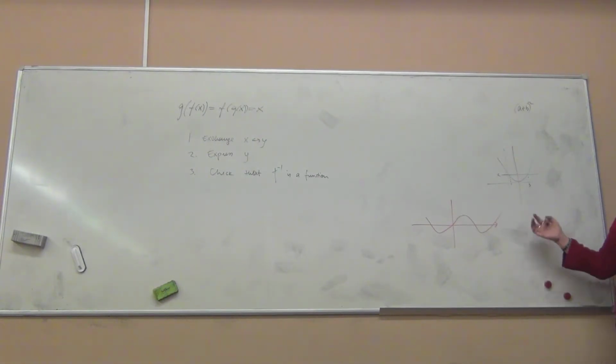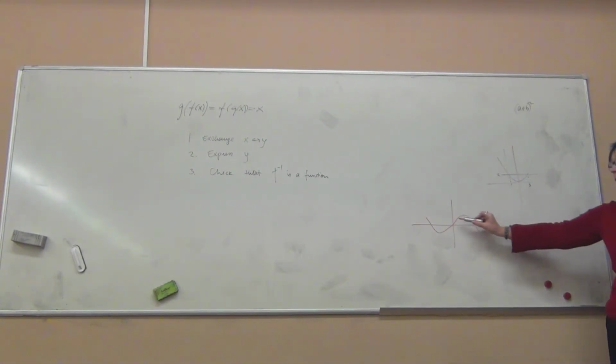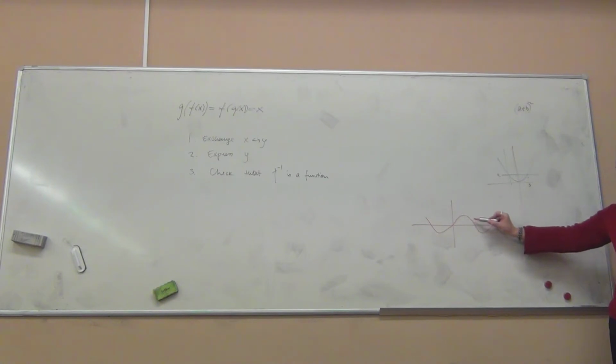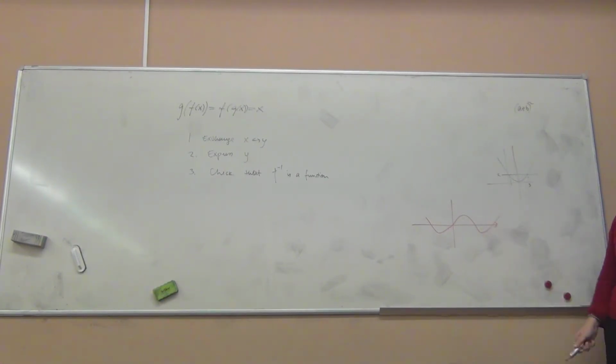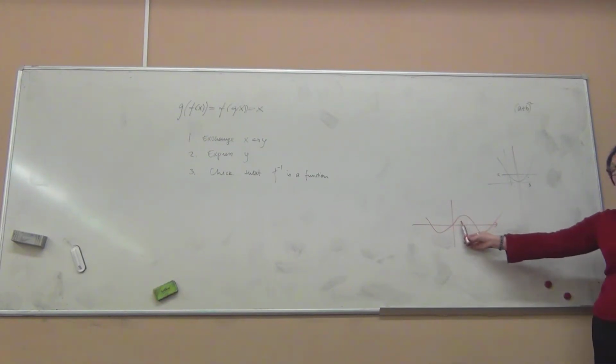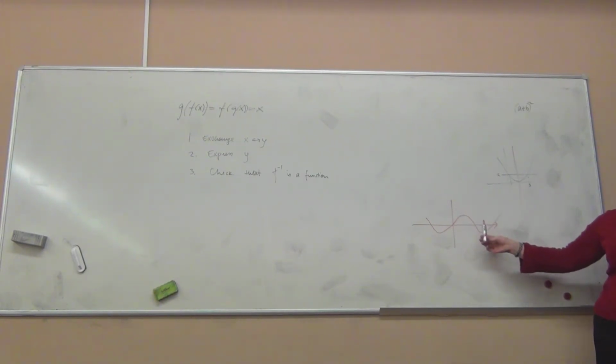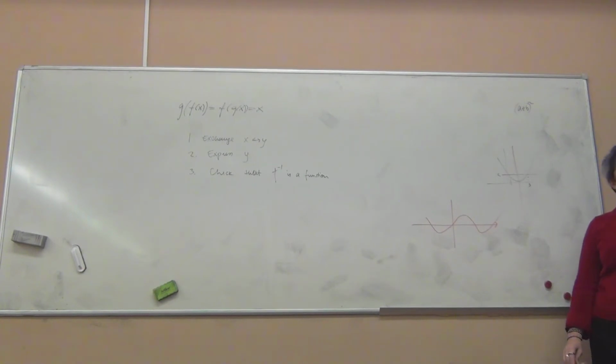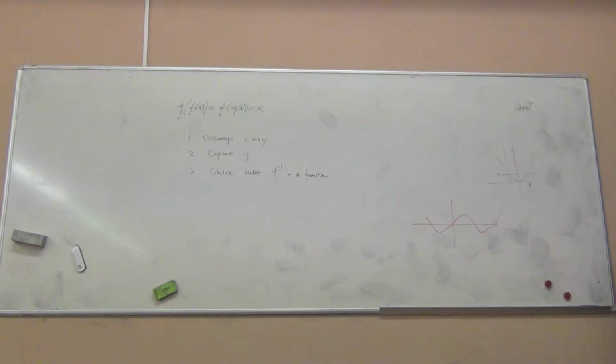So obviously I can't take just, for example, the value 1/2 and ask what the inverse function value of 1/2 is. I would say it's pi over 6, or maybe it's 5 pi over 6, or maybe it's 13 pi over 6, or maybe it's 17 pi over 6.